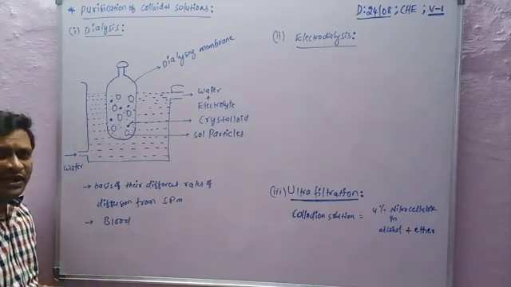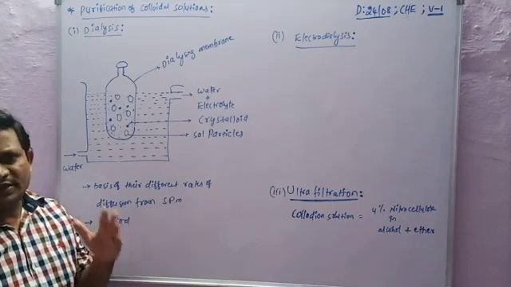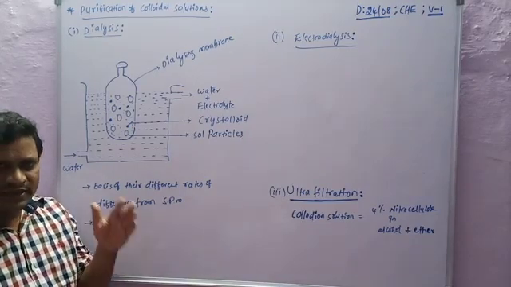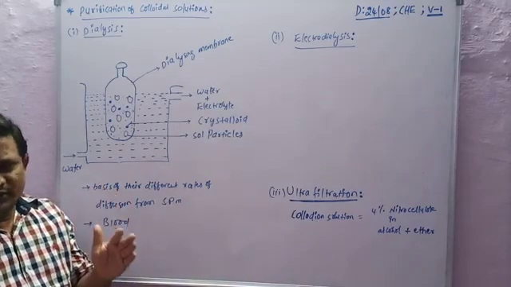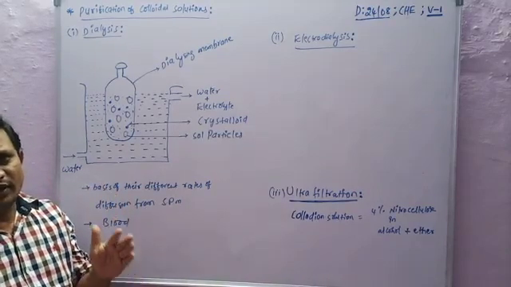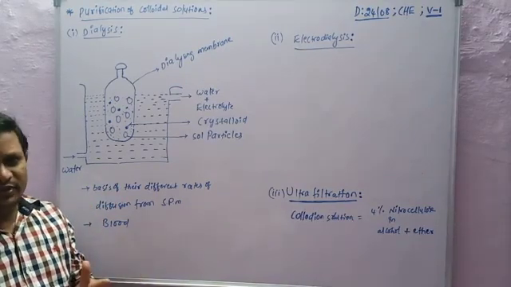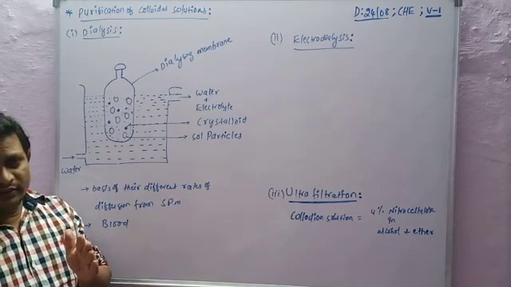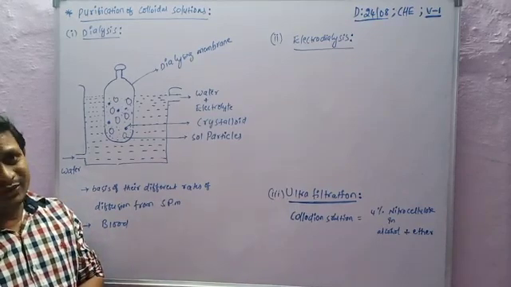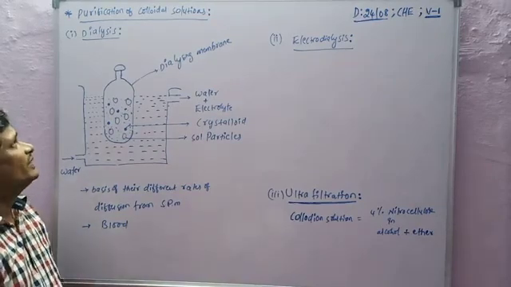Once again, what is purification? The process which reduces a large number of impurities to a low quantity of impurities in a colloidal solution is known as purification of colloids.